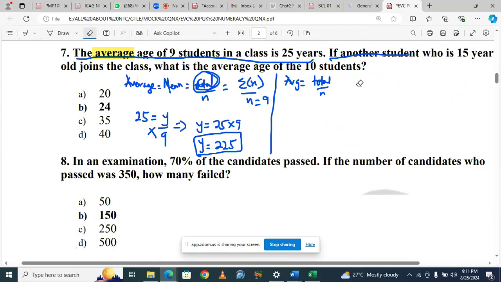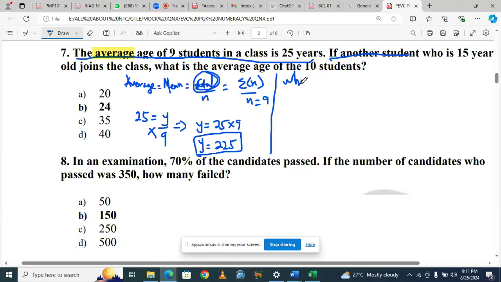But I believe that at the point where there were 9 students, you all understood it. Now, there were 9, and the total was 225. And now, another student who is 15 joins the class.